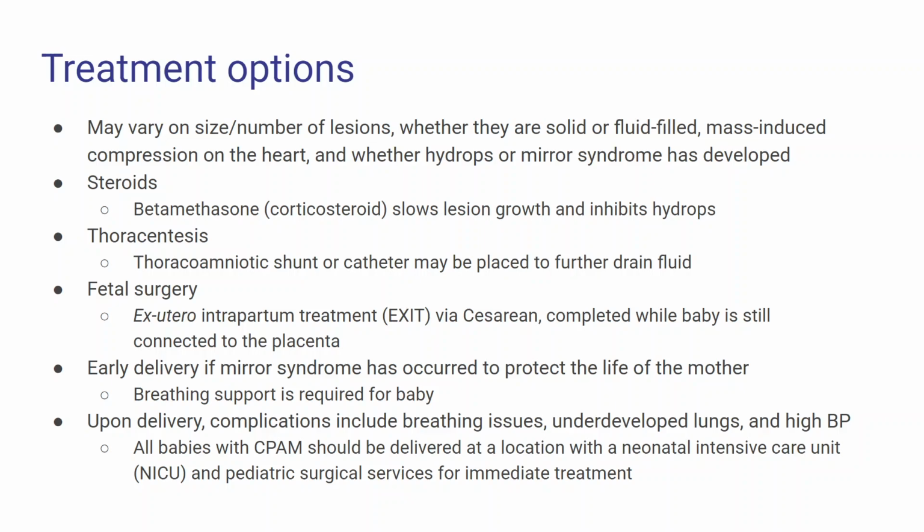Also, there's thoracentesis, where we'll have a thoracoamniotic shunt or catheter that will be placed to drain the excess fluid that may develop. We have fetal surgery. So there is one surgery called ex utero intrapartum treatment, which is done via the cesarean while the baby is still connected to the placenta.